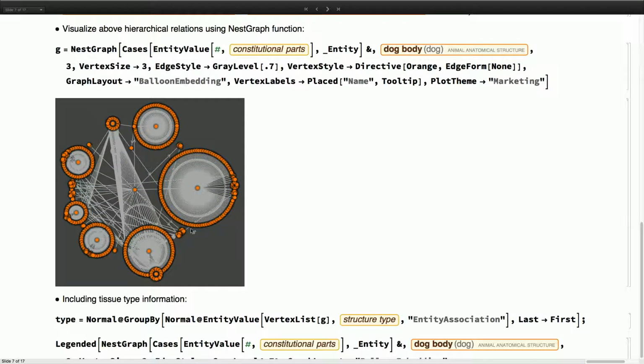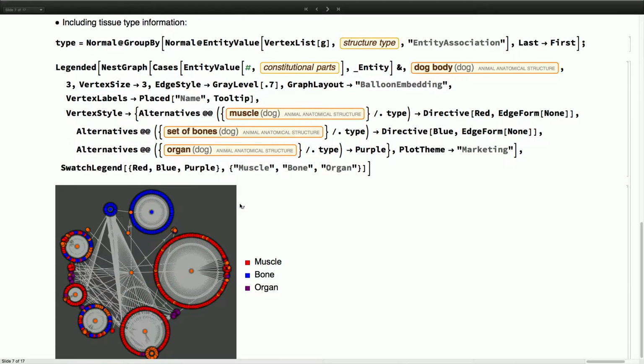In this graph, the center illustrates the dog body, and these radially expanded groups illustrate the body segments like head, neck, and hind limb, and their subcomponent structures.